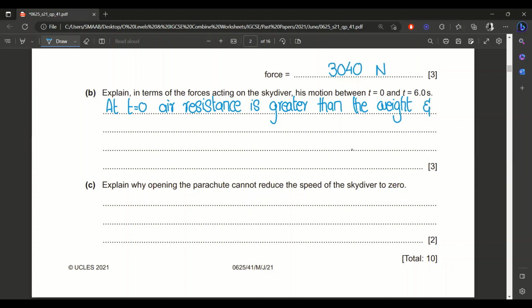After some time, air resistance starts decreasing. Air resistance will decrease with decreasing speed.